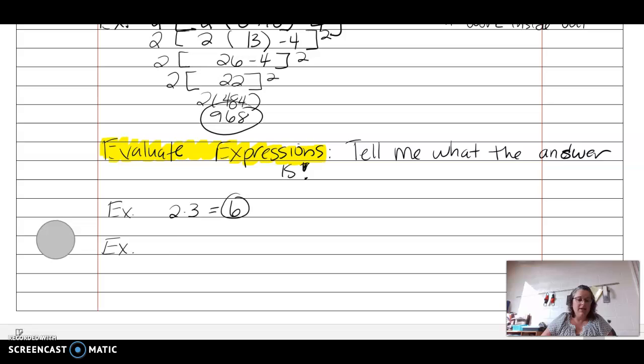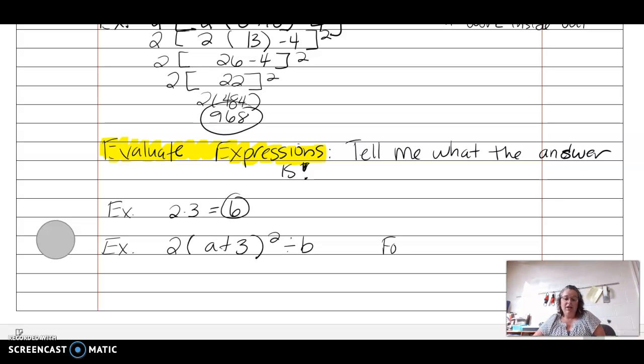If I give you a problem like 2 times the quantity A plus 3 squared divided by B, we really can't do much right now as is because I don't know what A is and I don't know what B is. But if I did tell you, you should be able to use order of operations and simplify this further.